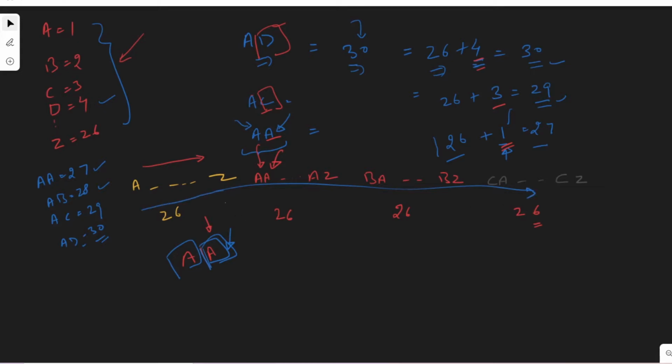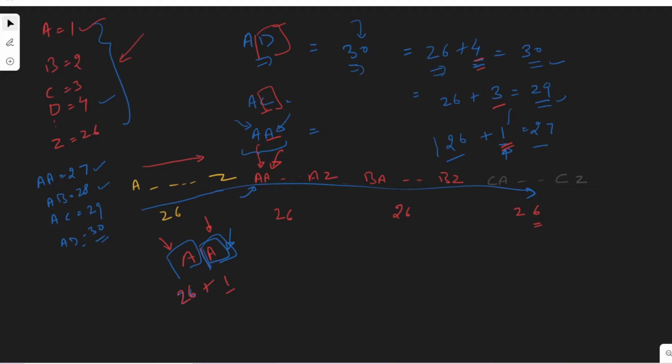So for example, we say AA here, right? So we know that 26 numbers have already been passed, so we add 26 for this value, and considering this as a single digit series, we add the contribution of it. So that is nothing but 1 here.